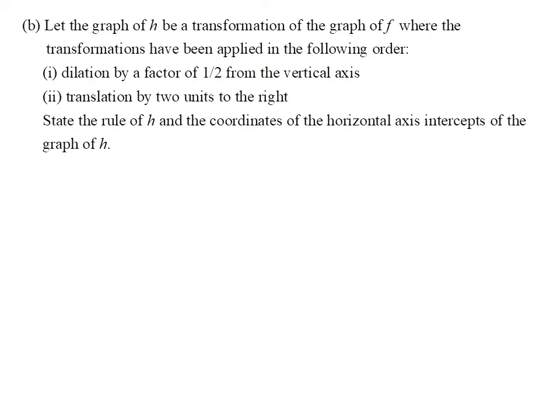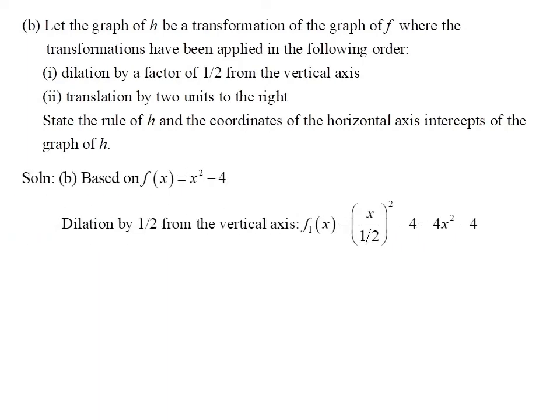Now let's continue with question B. As can be seen, since f of x equals x squared minus 4, it becomes (x over 1 over 2) squared minus 4 after a dilation factor of 1 over 2 from the vertical axis is applied, which can be further simplified to 4x squared minus 4.